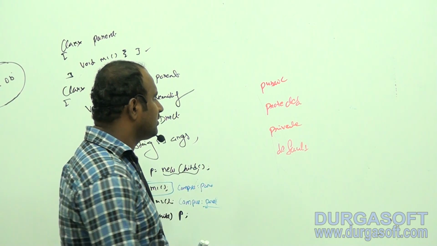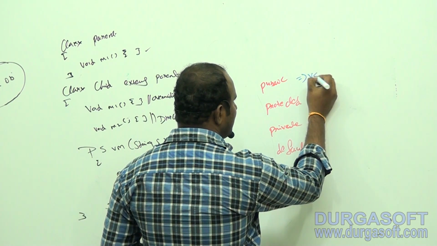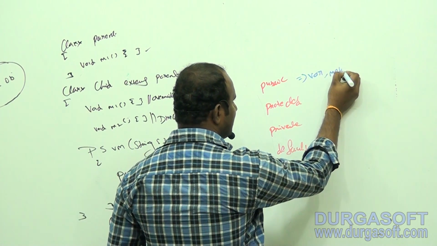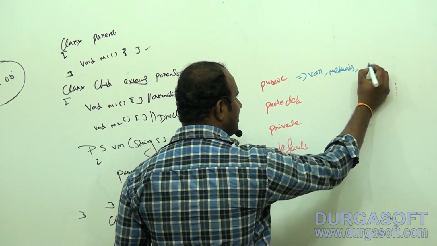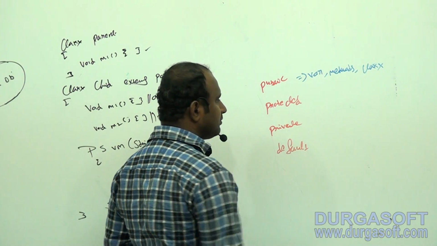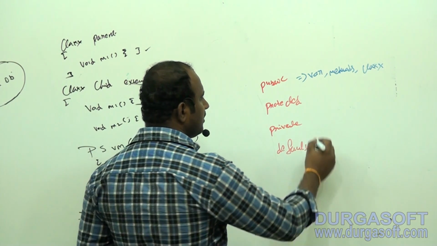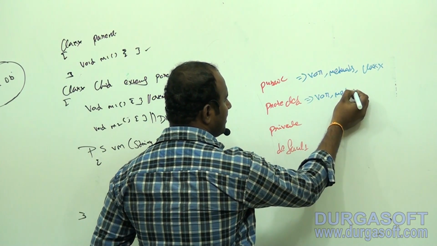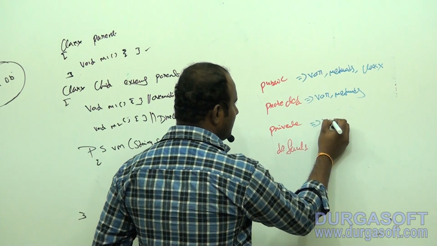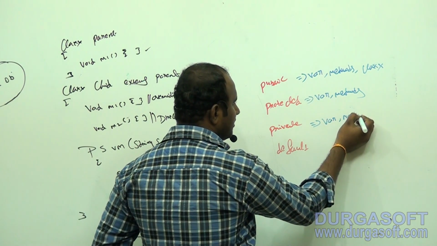Coming to these modifiers, public is applicable for variables, methods, constructors and classes also, right? Now protected, it is only for variables and methods. Private, it is for variables and methods.